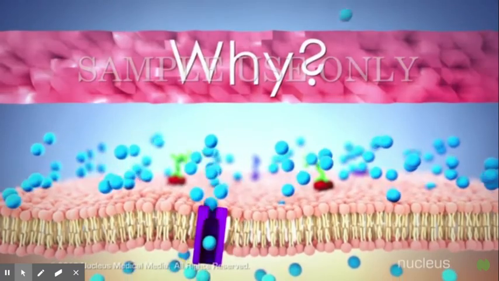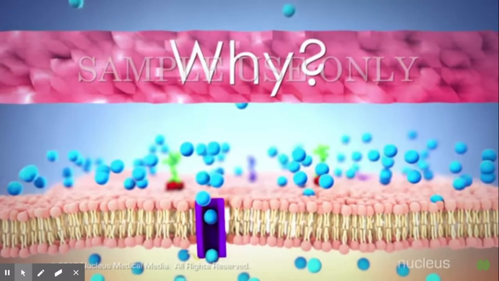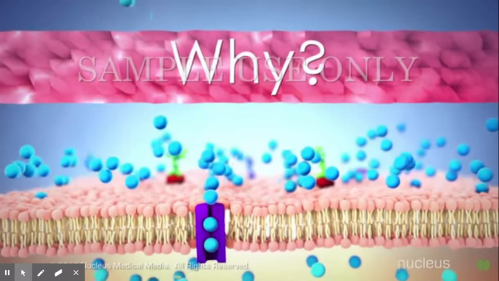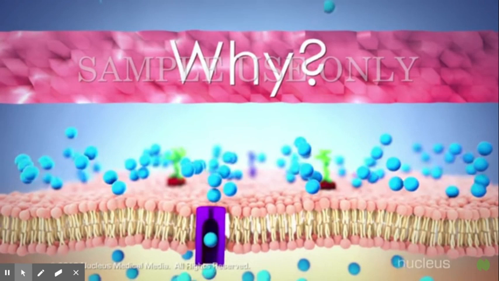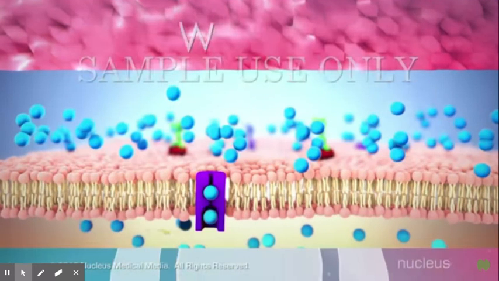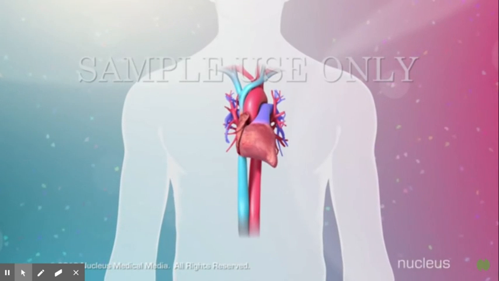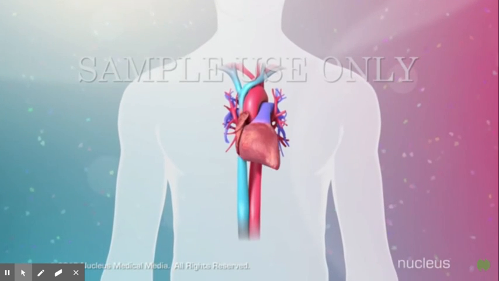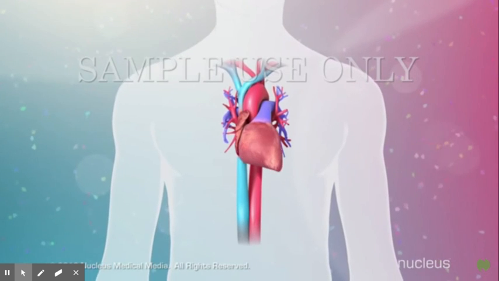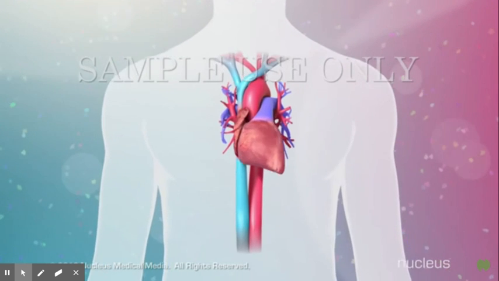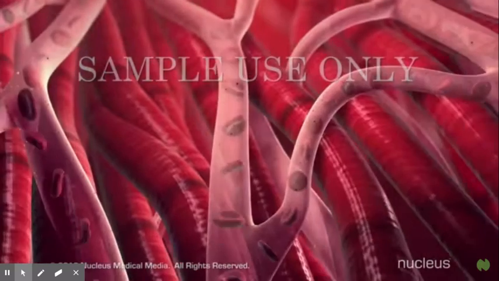Why would the cell need to move particles from a low to high concentration and expend energy to do it? An important example is seen in your heart muscle cells. In order for your heart to beat, there are certain molecules that have to move from an area of low concentration to an area of high concentration for those cardiac muscle cells to work.